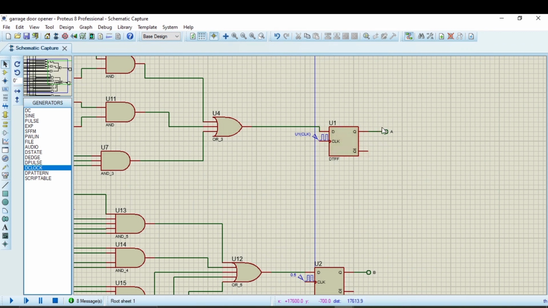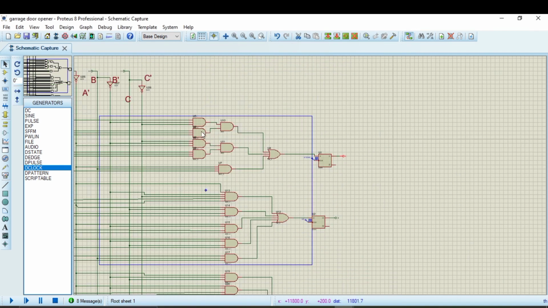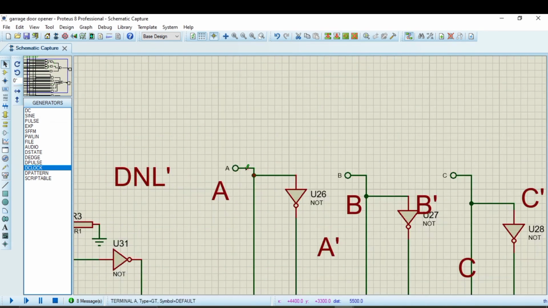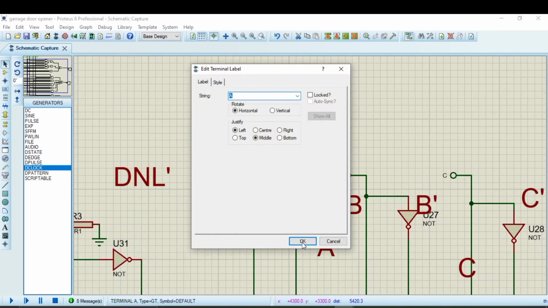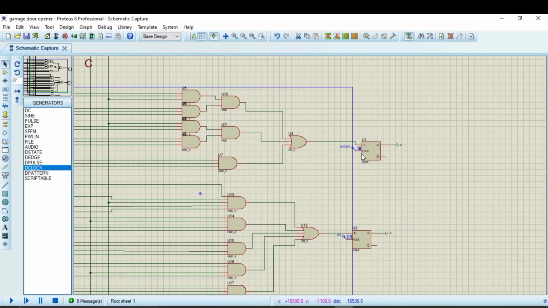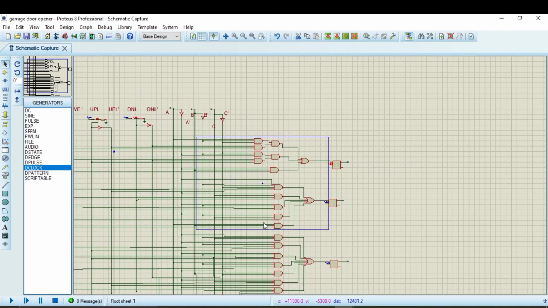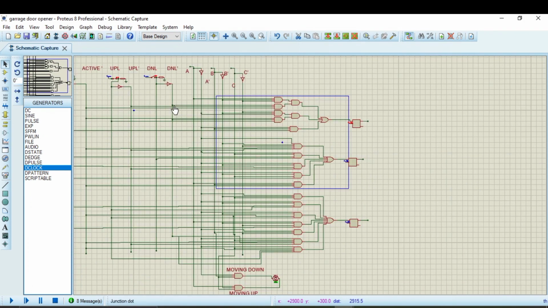I've used the bubble technique for making this entire circuit by renaming this as A, and again renaming the second bubble with A. This will deliver the wireless connections, and I'm applying a frequency of half hertz. So I've made the circuit like that by using the equations.